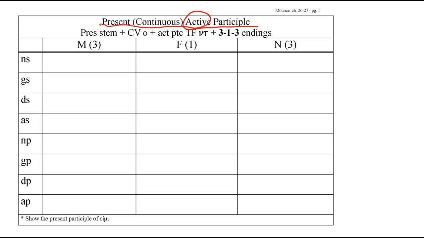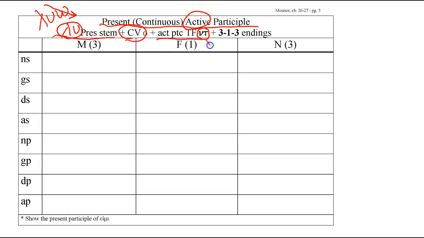The formula is you take the present stem, and if we use our paradigmatic verb luo, we know that the present stem is, you drop the omega, lu. So we take lu plus the connecting vowel. That's the verbal part. And then we use the tense formative nu tau.